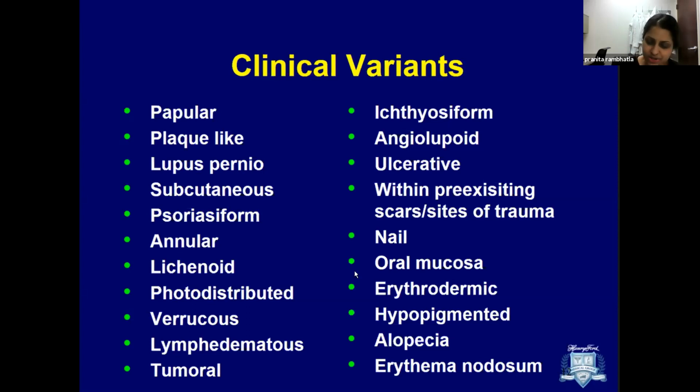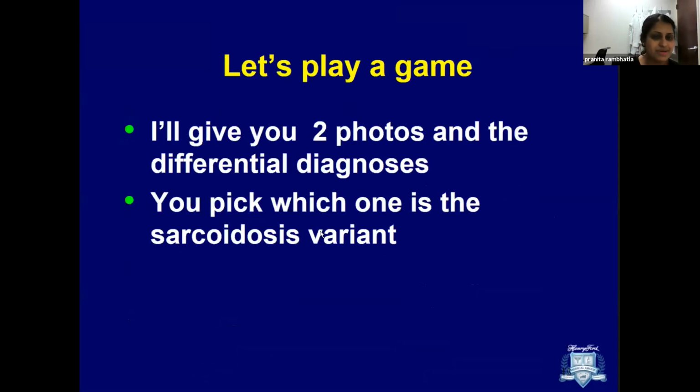We'll go through this whole list in a slightly different way. I'd like to play a game with all of you. I'm going to give you two photos and the differential diagnoses, and I'd like you to pick which one is the sarcoidosis variant and which one is not, okay? And I'm sorry, in this view I can't see the chat, so you'll have to call out if there are any questions.